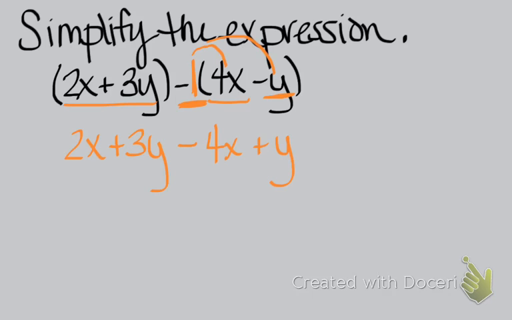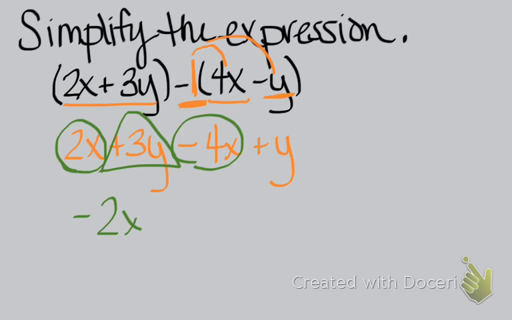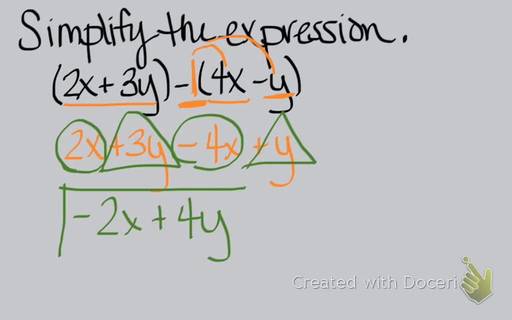So now that I can combine like terms, I have a 2x and a negative 4x, which gives me a negative 2x. And then I had a positive 3y and a positive y, which would give me positive 4y. I can't combine the x's and y's, so that leaves me with negative 2x plus 4y as my final answer.